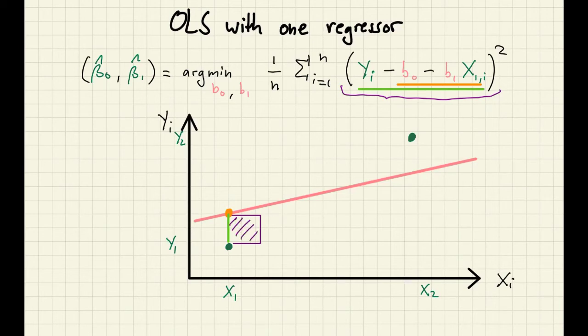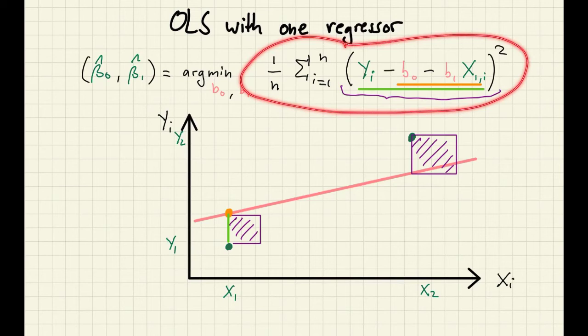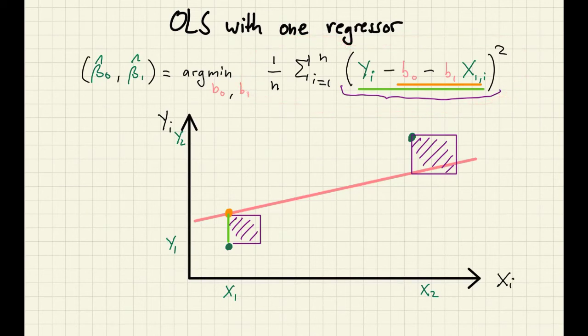We can draw a similar square for the observation i equal 2. We draw as many squares as we have observations, and then this criterion here will be the average area of a square. To find the least squares estimates, we evaluate this criterion, or this objective function, for different potential regression curves.